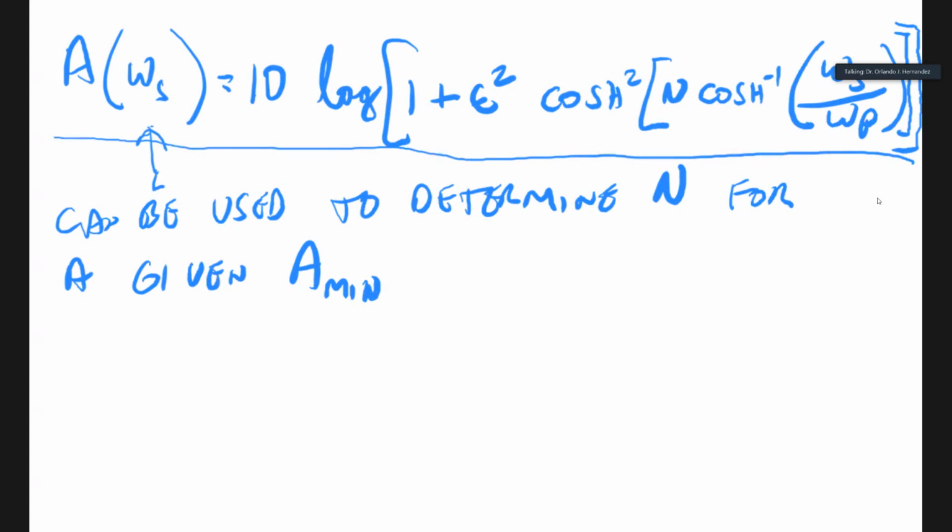Whatever the n that comes out of this equation would also take into account how fast you want the filter to transition, how selective you want the filter to be, because here we have the ratio of WS and WP. So the closer these two are, n is going to come out to be higher.